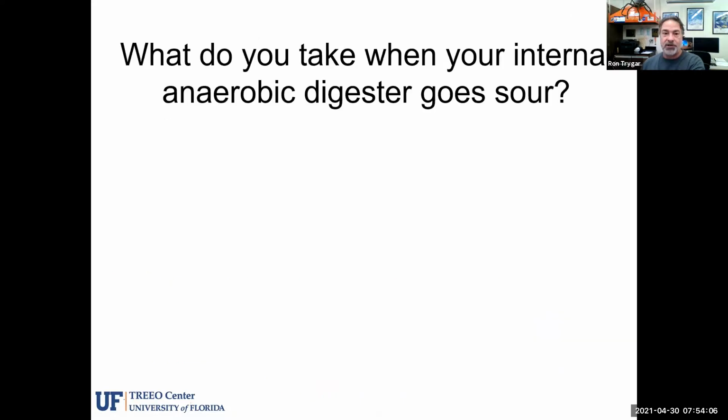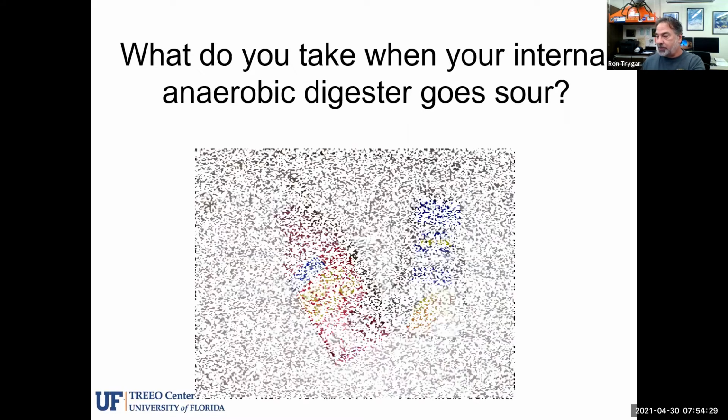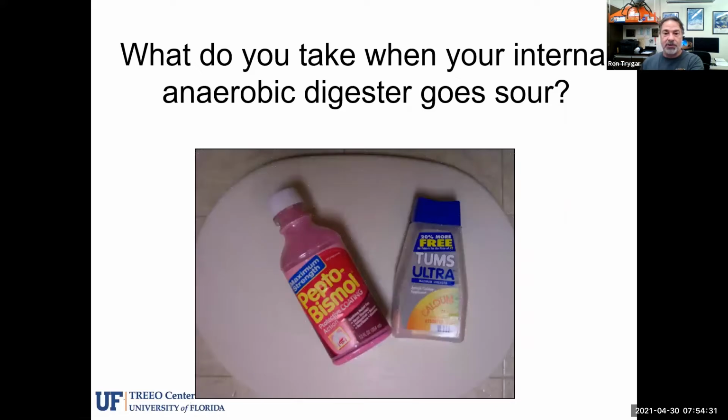So what happens when your digester gets sour? Well, in the part 1 video, I showed you the pictures of Homer Simpson, and I said how great it is that our bodies are just like anaerobic digesters, or vice versa, right? So if you forget how to handle an anaerobic digester, or what causes it to get upset, or how to fix it, just think about your own human body, because it's so similar. So you might reach for maybe Pepto-Bismol or Tums.